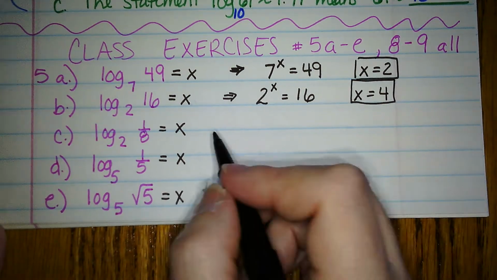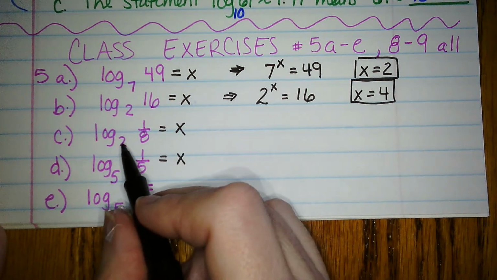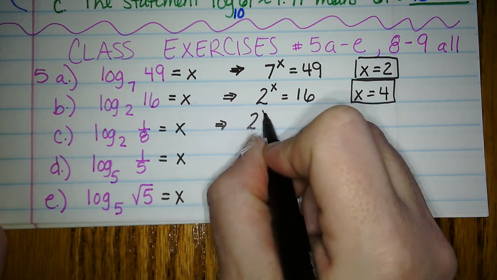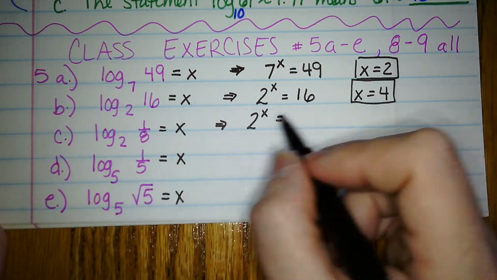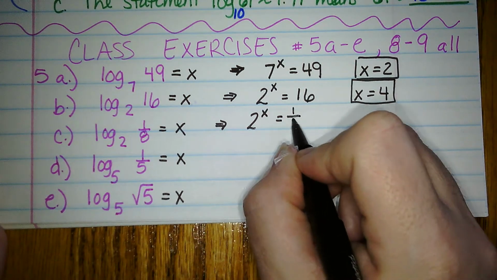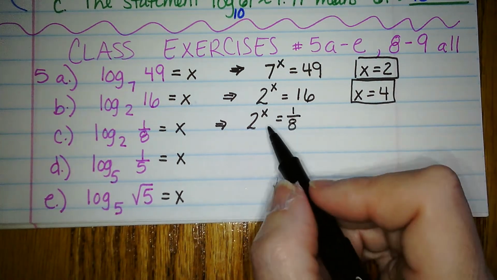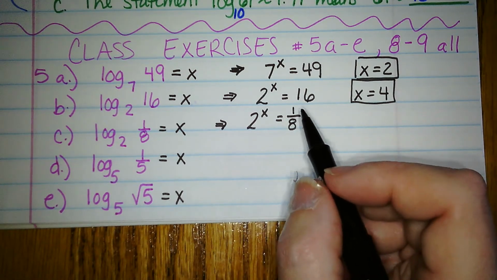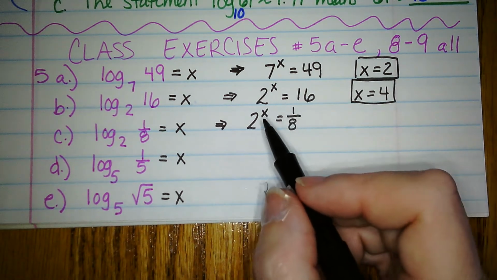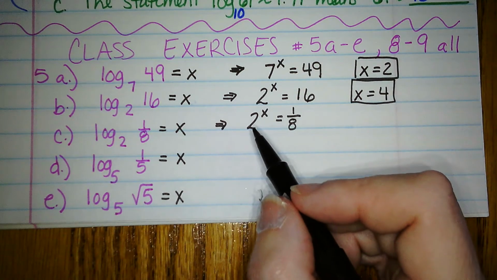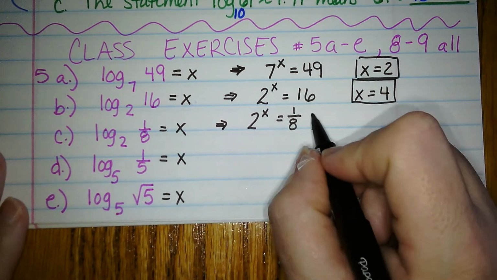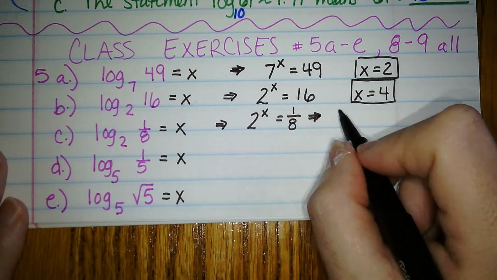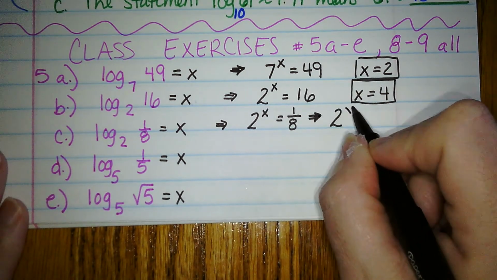Okay. Next one, another base of 2, exponent we're trying to find, except our answer here is 1/8. Now this is a little different. Keep in mind that when you're going from a base of 2 to a fraction, that means that we need to change this fraction into a common base of 2. So I'm going to rewrite this again, but I'm going to use 2 as a base.